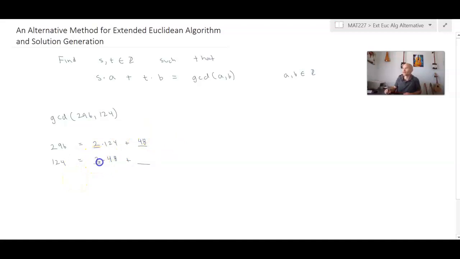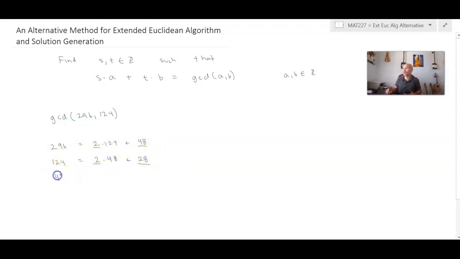I can't do it 3 times. 2 times will give me 96. And I believe that's going to give us a remainder of 28. Okay, so just going to check that. 124 minus 96, I always make a mistake here, is 28. Okay, again, the GCD between 124 and 48, its divisor, is the same as the GCD between the divisor and the remainder.